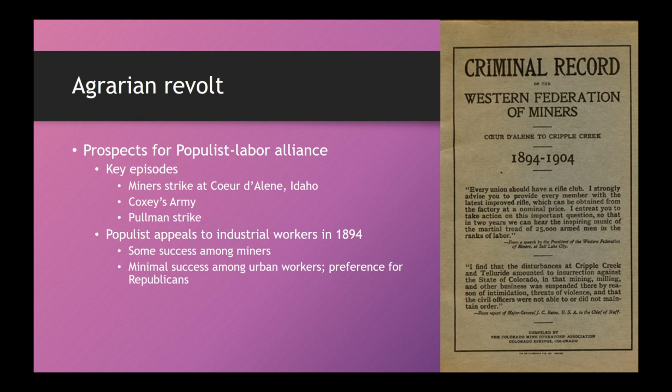However, it doesn't work with urban workers. Urban workers, factory workers, see themselves as separate from the rural life, separate from the extraction from dirt. Miners are still rural. Farmers are rural. Factory workers, by and large, are urban, and they really, as a group, don't see that the populists in the fields and the mines have exactly the same issues and same goals that they in the labor movement in factories in these urban settings have.